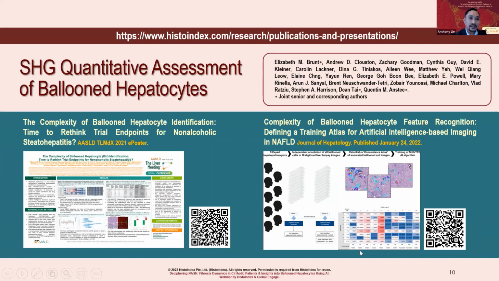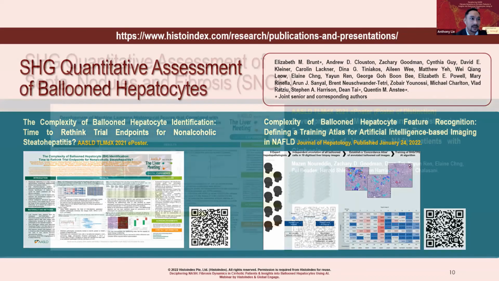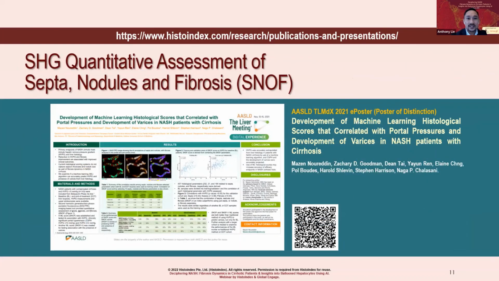You can also find the ballooning paper presentation during AASLD and the ballooning publication in Journal of Hepatology on our HistoIndex website for easy access. The poster presentation on development of machine learning histological scores that correlate with portal pressures and development of varices in NASH patients with cirrhosis that was shared during last year's AASLD by lead author Dr. Noureddin is available for download on our HistoIndex website.